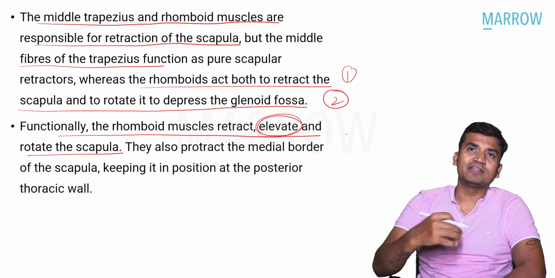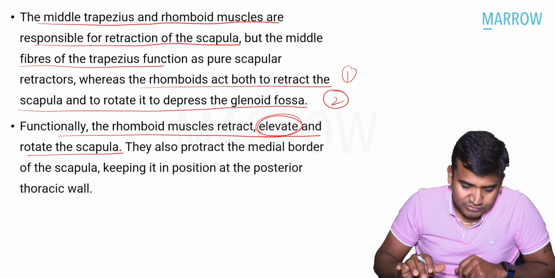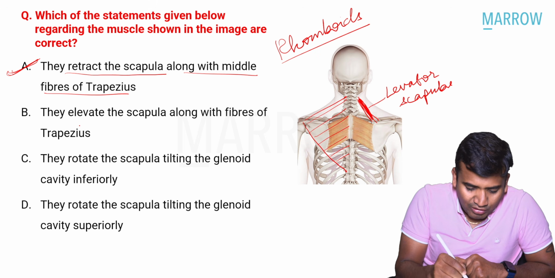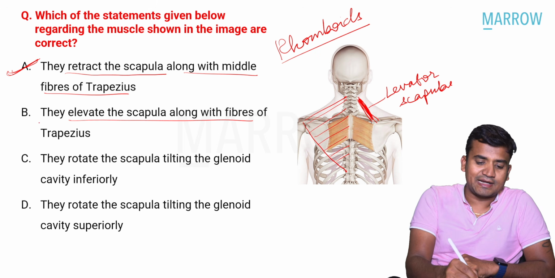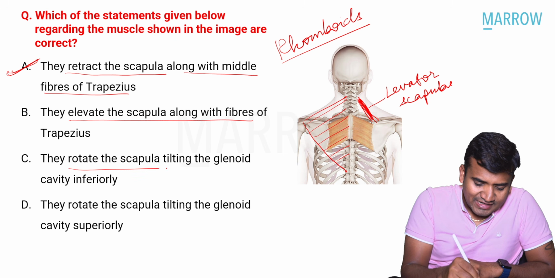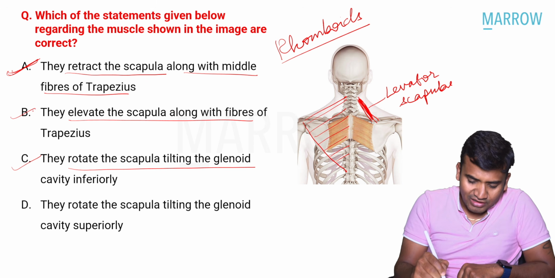So three actions are there in the biomechanics functions of the shoulder girdle. Now see the options. They elevate the scapula along with the trapezius. Yes, that is also correct. They rotate the scapula, tilting the glenoid cavity inferiorly. Yes, that is also correct. But not our last option.